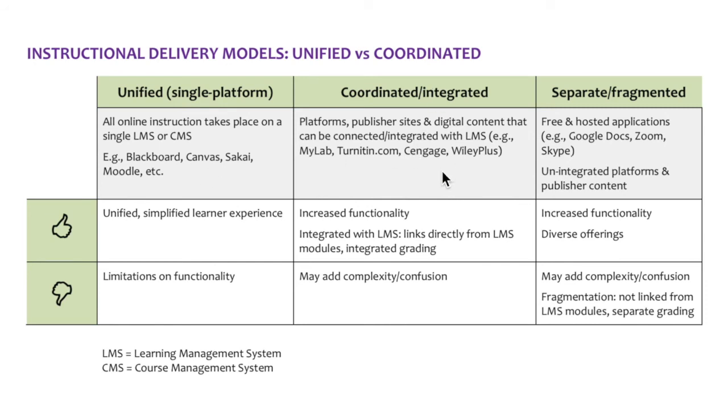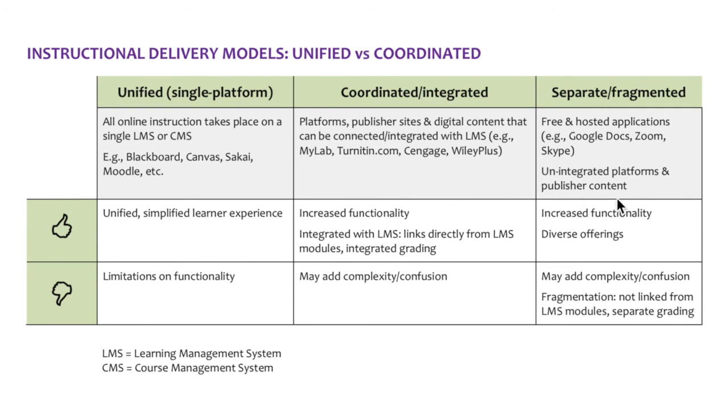The other choices are, you could have one that's coordinated and integrated, where everything is connected through, say, Blackboard, but you have other platforms, publisher sites, digital content, that students can click through, and very often they kind of leave the main platform and go to this other one, but they're still connected within the learning management system.